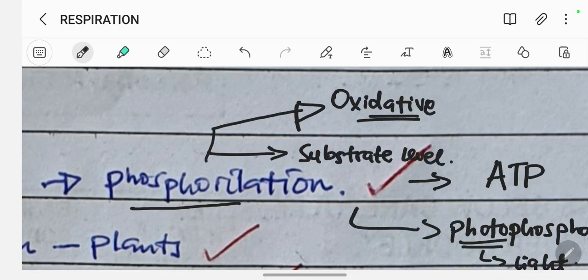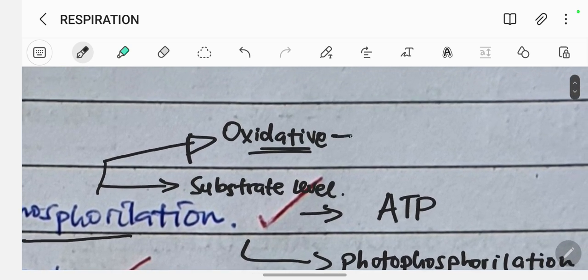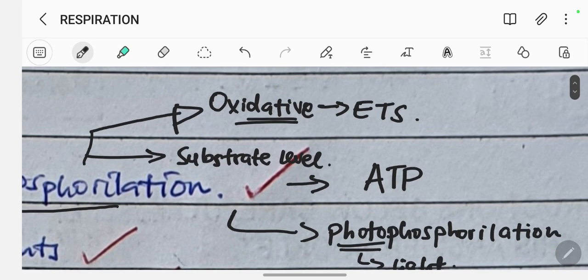Substrate level phosphorylation. This one is found in the electron transport chain or electron transport system. Then the substrate level, that one is found in glycolysis and Krebs cycle.